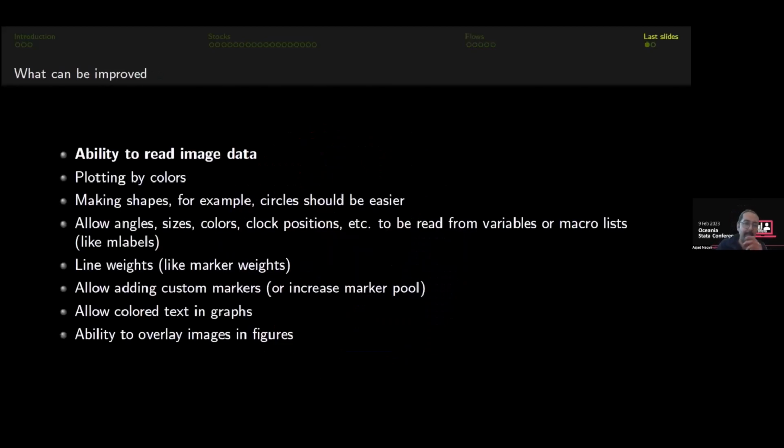And just to briefly discuss what can be improved in Stata, because this is the slide I always talk about at the end of my presentation: it would be great if Stata gives us the ability to read images for all sorts of things, including image recognition or other satellite data processing.